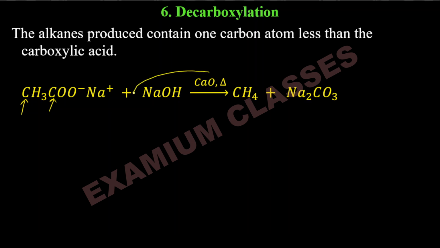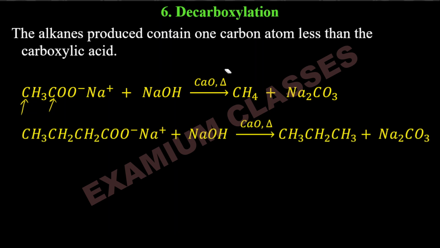What I am saying here, you need to remember this is soda lime: NaOH is caustic soda, CaO is quicklime. This mixture is used, out of which caustic soda reacts with the sodium salt of carboxylic acid. The quicklime acts as a catalyst.